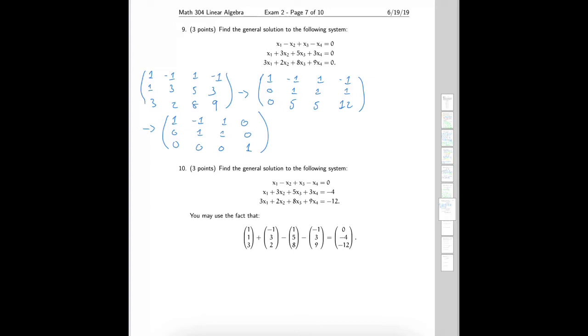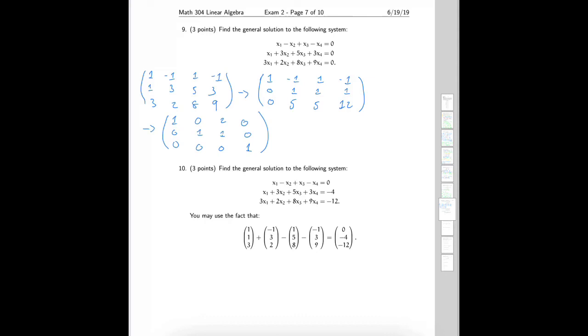Okay, and now it's almost in row echelon form. Now I just want to add row 2 to row 1. So minus 1 plus 1 is 0. And now this entry, 1 plus 1 is 2. Okay, so this is now in row echelon form, or reduced row echelon form.